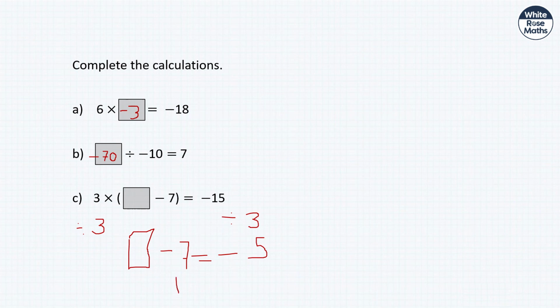Then if I add 7 to both sides, the empty box is equal to 2. That makes sense because using BIDMAS, I'll do brackets first. 2 subtract 7 will be minus 5, and 3 lots of negative 5 is negative 15.